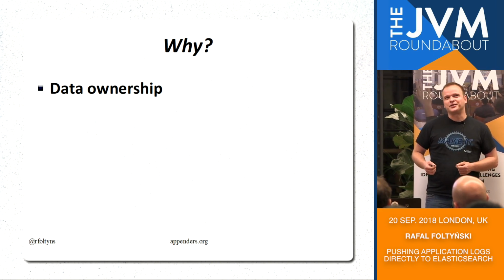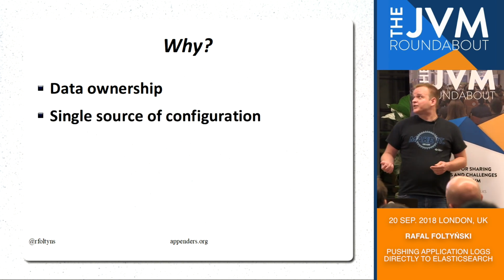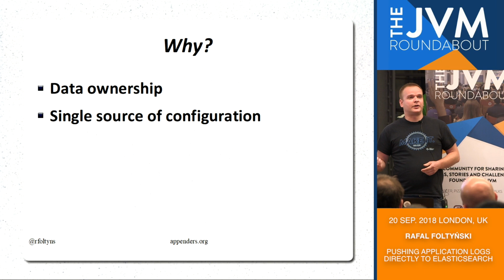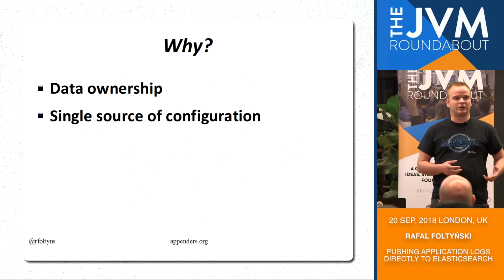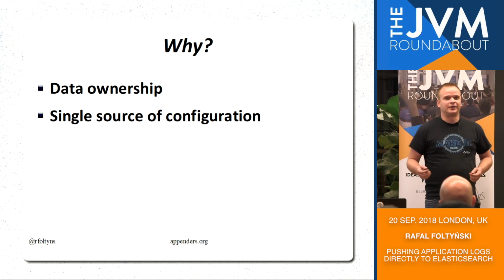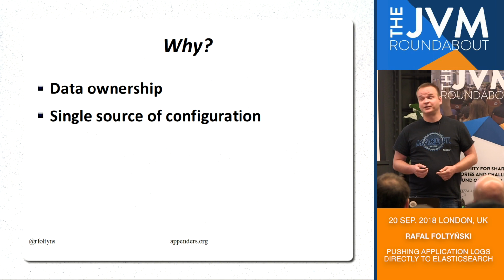I don't believe that retention is configured, but it can be added. Plus, it gives you a single source of configuration. In the previous architecture, where you have Logstash and Filebeats, you have your log delivery spread across multiple machines, potentially multiple repositories.